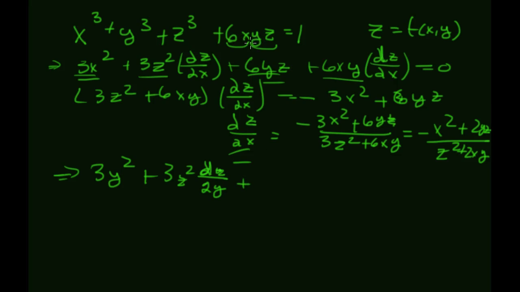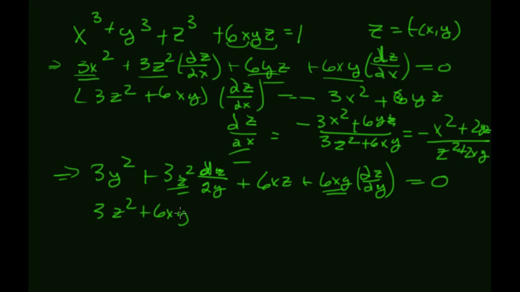The y comes out, so that's going to be 6xz, and then we get 6xy dz dy, right? Okay, so that's my product rule, and 0. So let's bring these two out front again: 3z squared plus 6xy. And we're going to multiply that by the partial, dz dy.